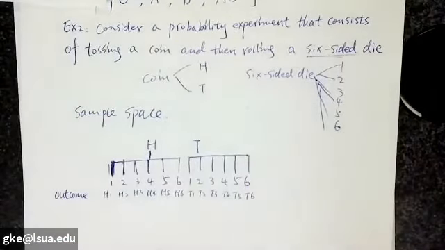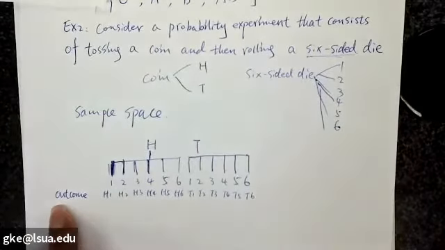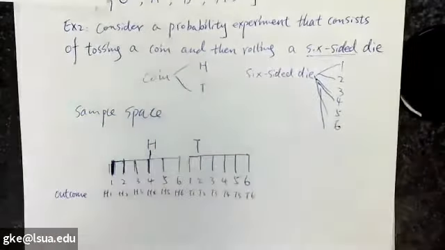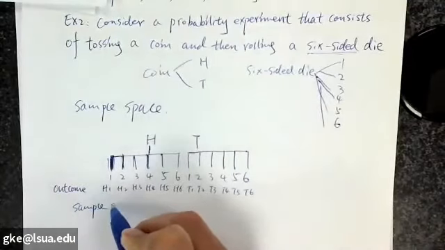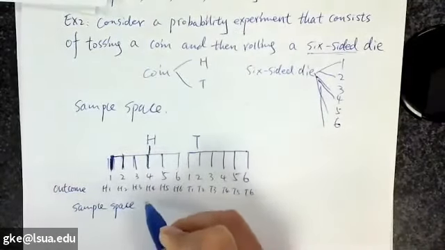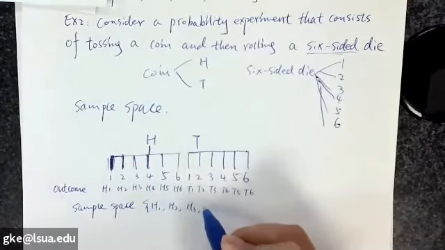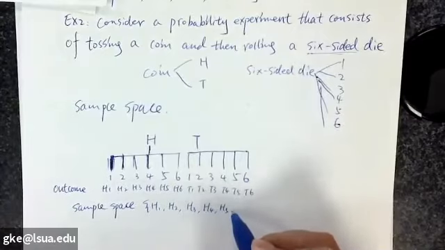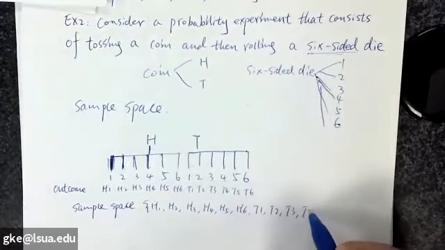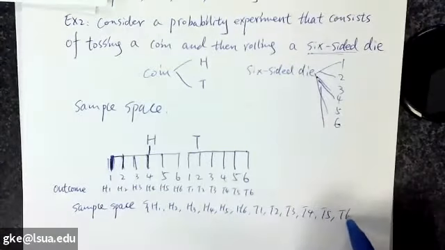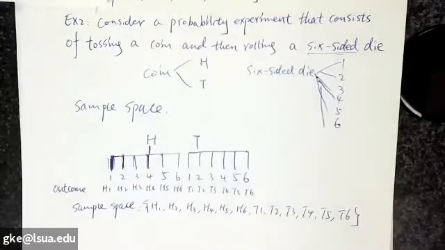Now, based on the definition, the sample space is the set of all outcomes. Just combine these together. So the sample space is H1, H2, H3, H4, H5, H6, T1, T2, T3, T4, T5, T6. That's it. You got the sample space, right?